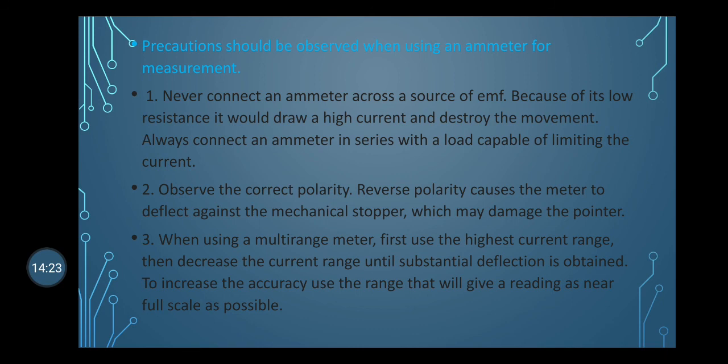The shunt is connected across the meter, and then the source or the voltage should be applied to the meter. Observe correct polarity of the meter. Reverse polarity causes the meter to deflect against the mechanical stopper, which may damage the pointer.